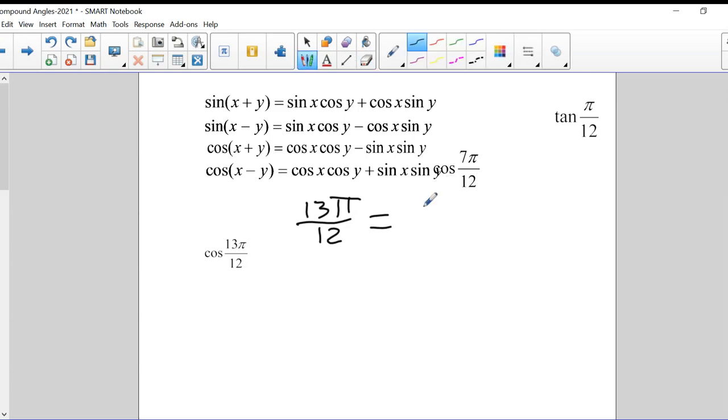How about if I said 2 plus 11? Well, 2 over 12, yeah, that would work. But 11 over 12, that doesn't help me very much. So I'm going to erase that as well. How about if we tried maybe 3 plus 10? So both of these are pi's over 12.